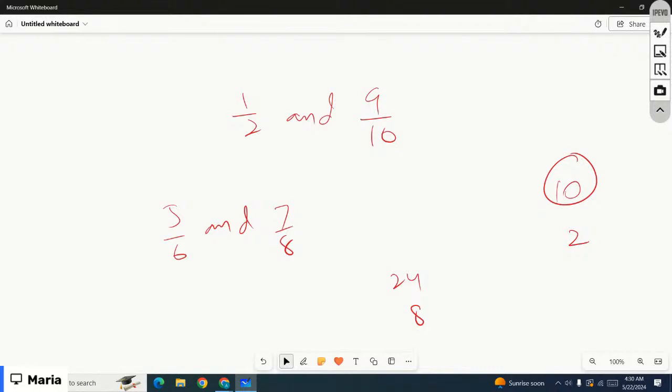The correct option is 24, right? 24 is the least common denominator of 5 by 6 and 7 over 8, right?